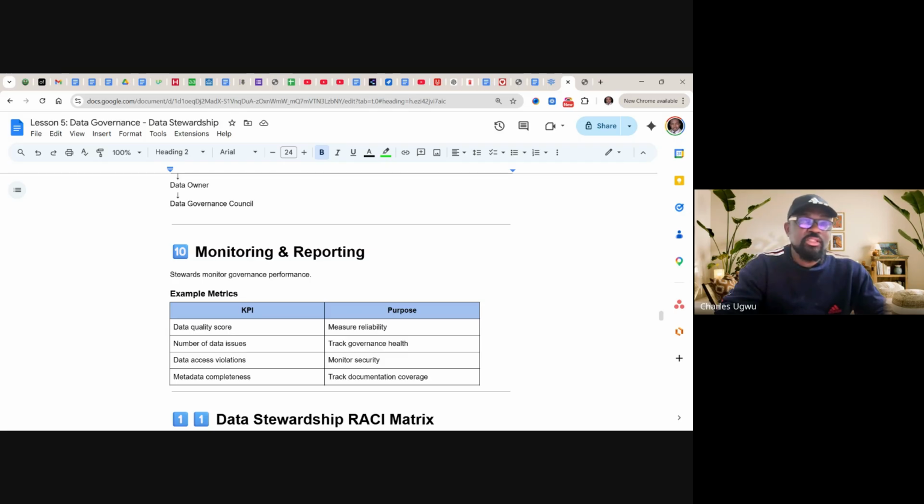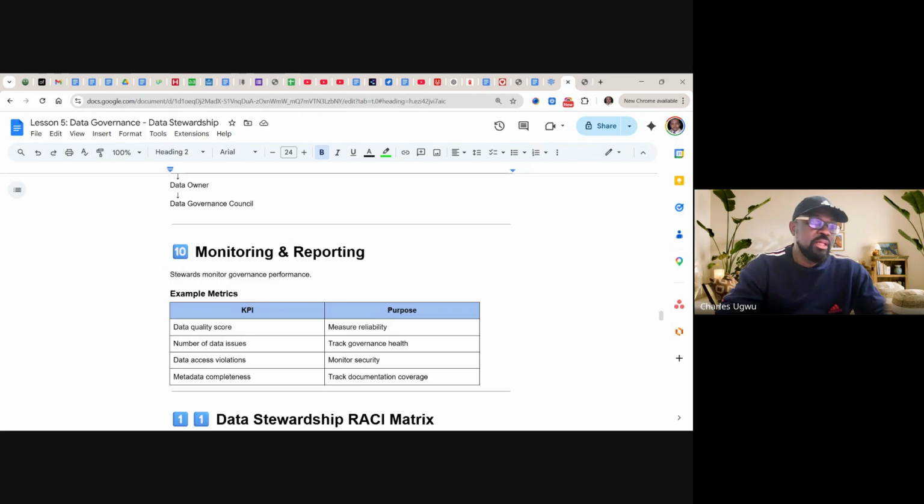In data governance, we call that situation a data access violation. Somebody who does not have authorization to log in and starts playing around with the company's data is a big violation.